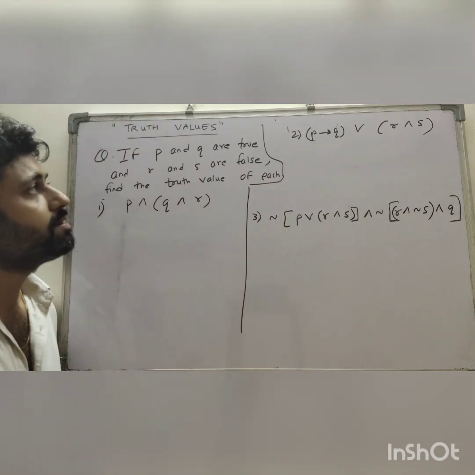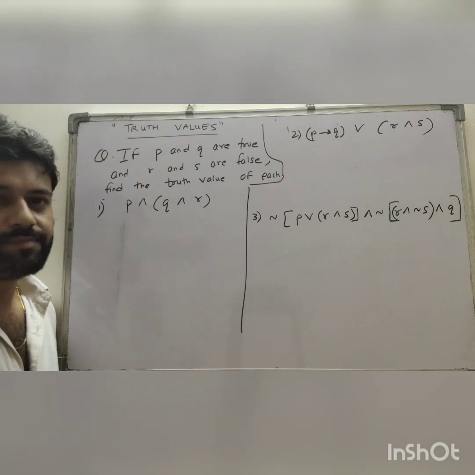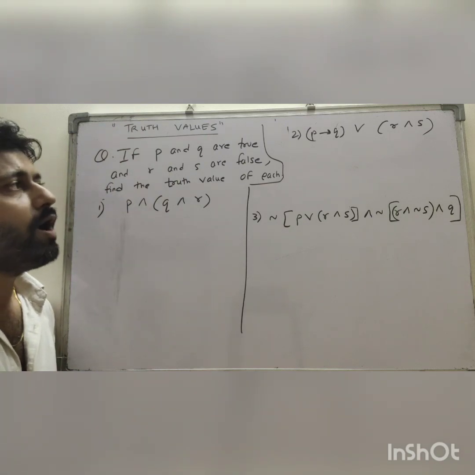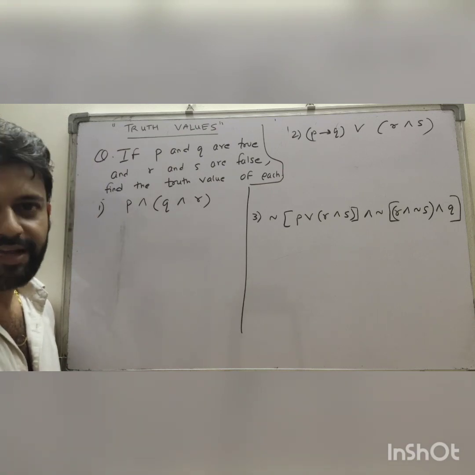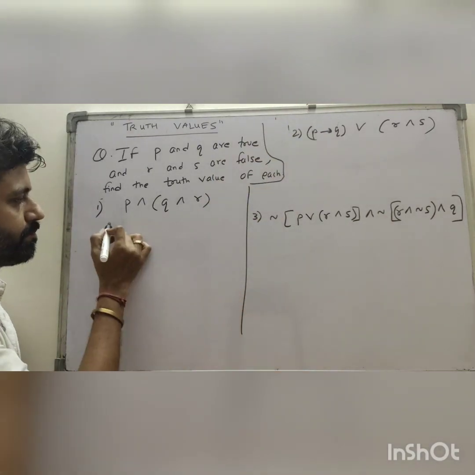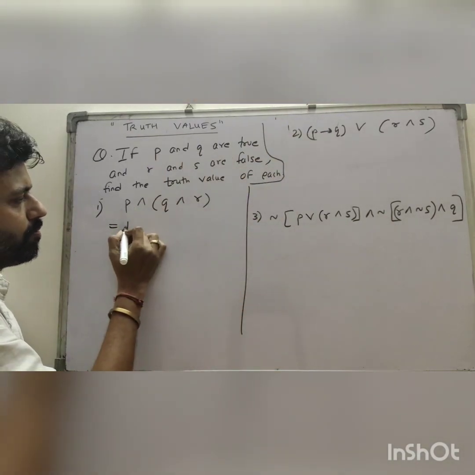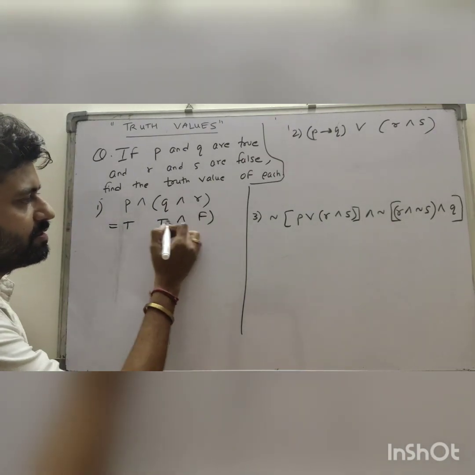Easy again. The same lecture, truth values. P and Q are true. R and S are false statements. Find the truth values of the following statements. Very simple. P and Q are true. R and S are false.